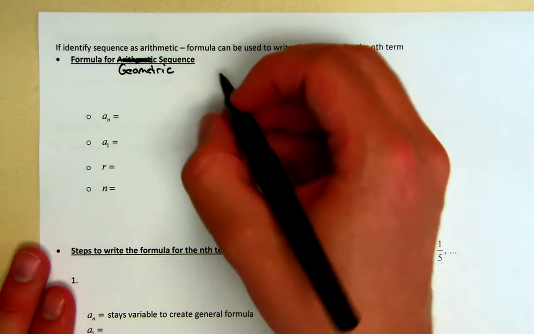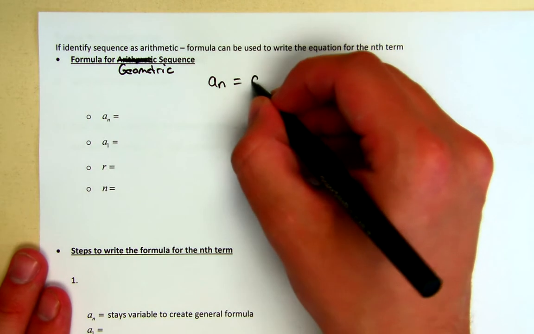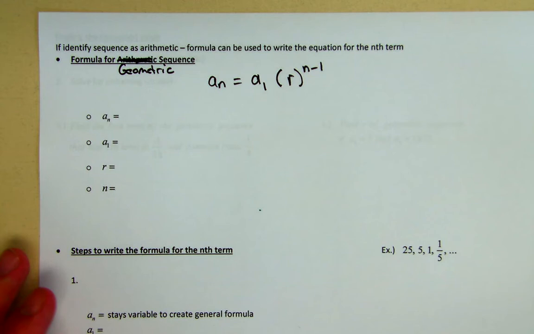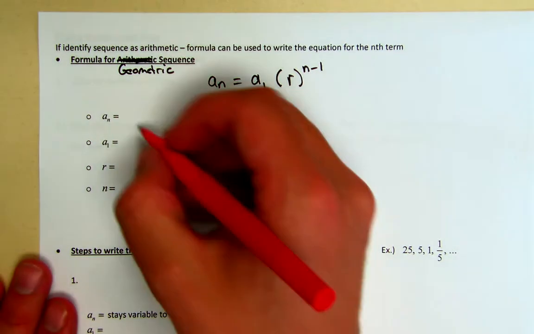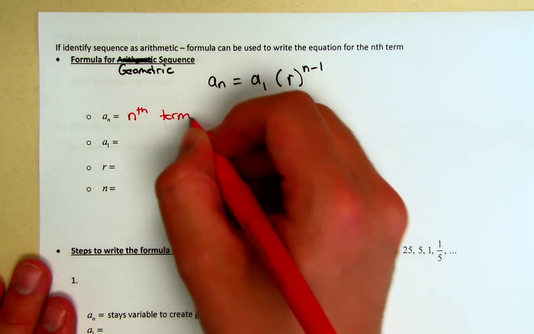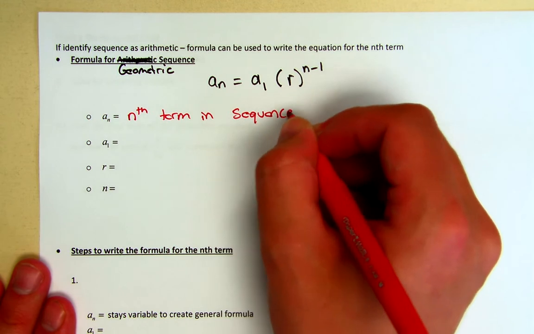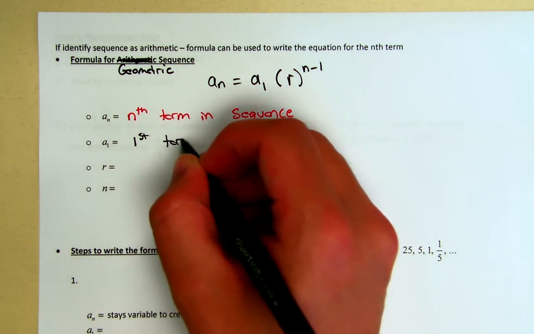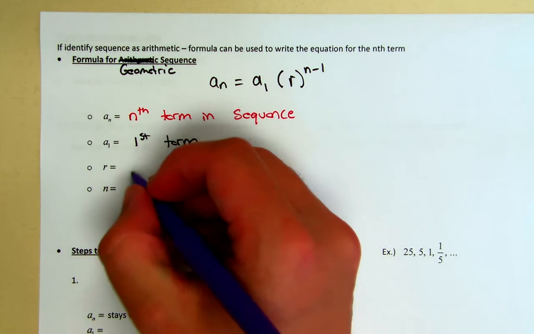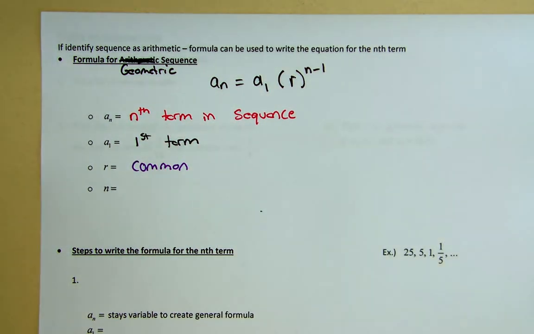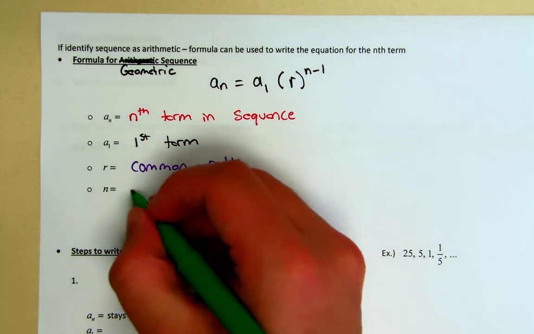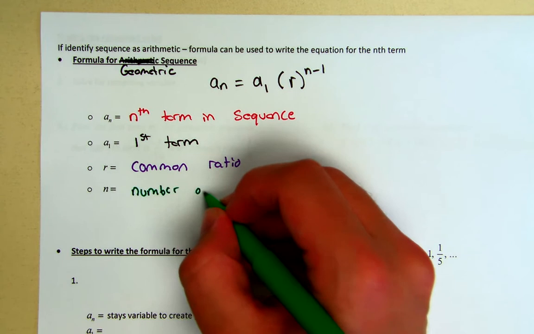Well, the geometric sequence is a_n equals a1 times r raised to the power n minus 1, where a_n is the nth term in the sequence, so whatever term you pick, n is 2, that's the second term, n is 5, it's the fifth term. a1 is the first term, r is your common ratio, and finally, n is the number of the term.